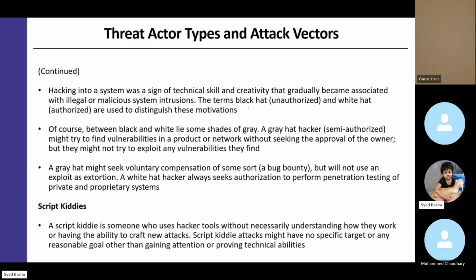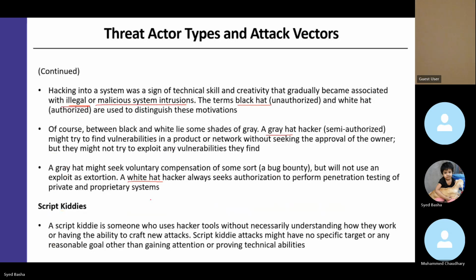So hacking into a system was a sign of technical skill, which gradually became associated with illegal or malicious system intrusions. We are also going to learn about the black hat, gray hat, and white hat. A black hat hacker has no information.